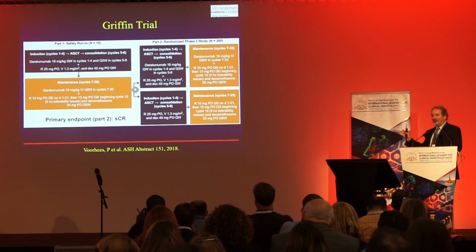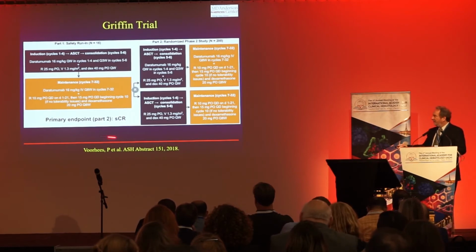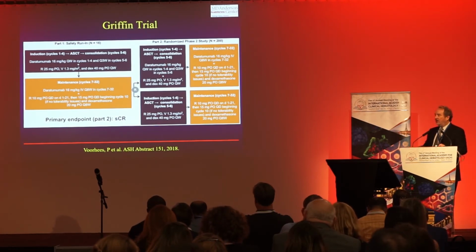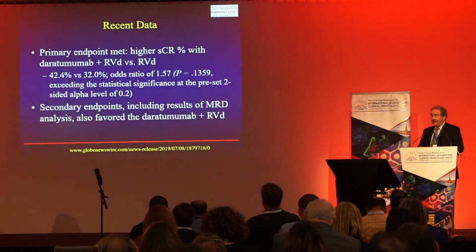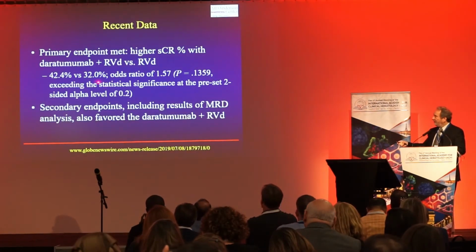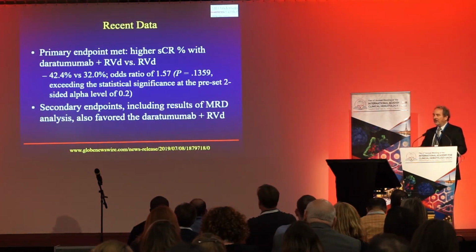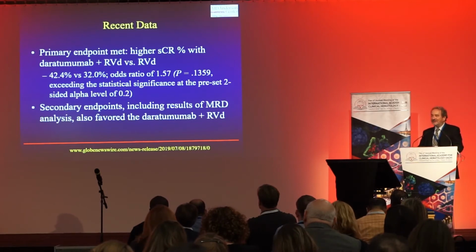There are several such studies, and in the interest of time, I only pulled out one of them, which is the so-called Griffin trial that's been led by Peter Voorhees in the US, where essentially the control arm was bortezomib, len-dex, transplant, and then len maintenance, whereas the experimental arm added daratumumab, the anti-CD38 antibody, and this did show a higher stringent complete remission rate, going from 32% to 42%, and also seemed to induce higher levels of MRD, or minimal residual disease negativity.